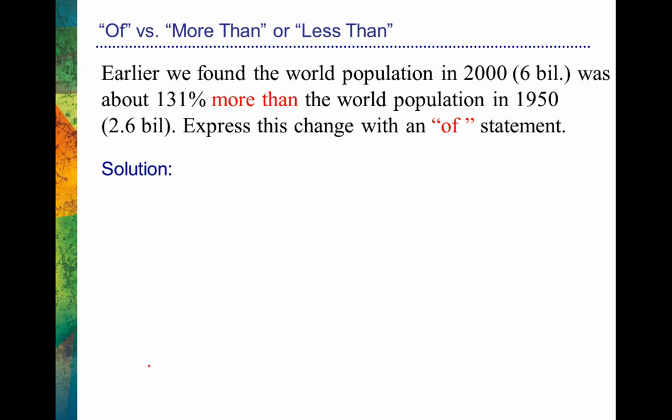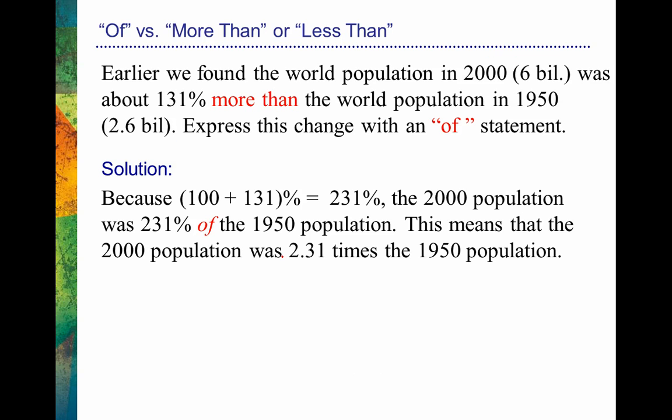So if the population in the year 2000 was 131% more than the world population in 1950, then by adding 100 to that 131%, we'd find 231%, and that would mean the population in the year 2000 was 231% of the population in 1950.